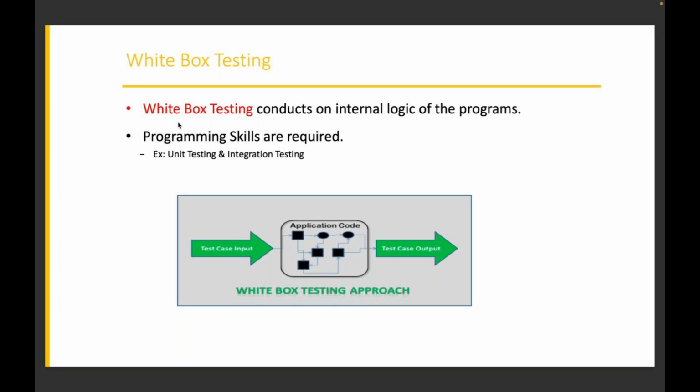I mean, you should have the ability to understand the code. It's not mandatory that you understand the whole code, only the module which you are testing. For those modules you should be aware what exactly is happening when I'm clicking on any of the buttons. So, as a white box tester, you will have some technical background with respect to coding, guys. So here you can consider programming skills are required.